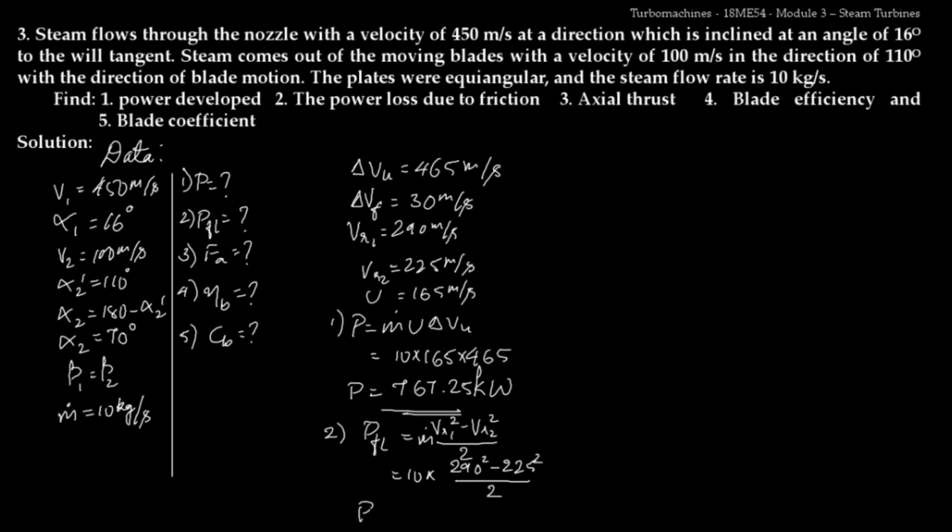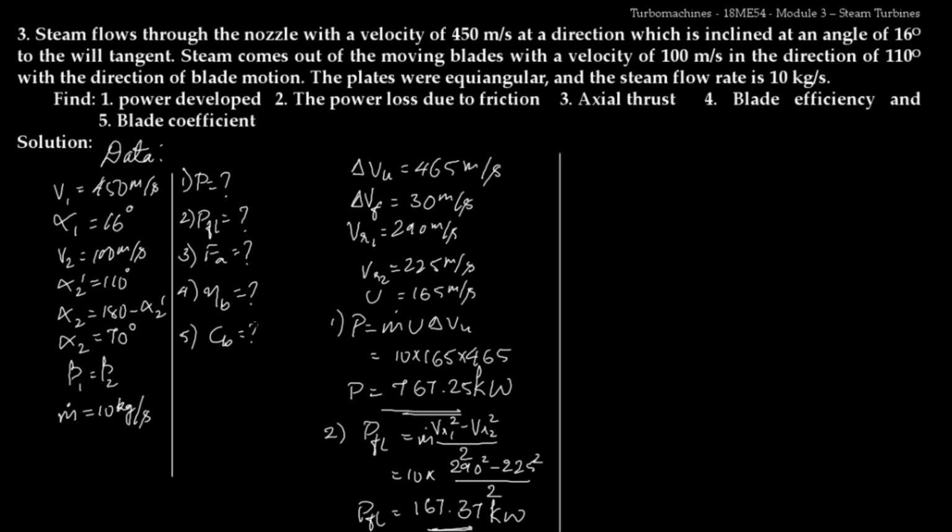So the frictional power loss is equal to 167.37 kilowatt. This is the amount of energy we are losing due to friction.